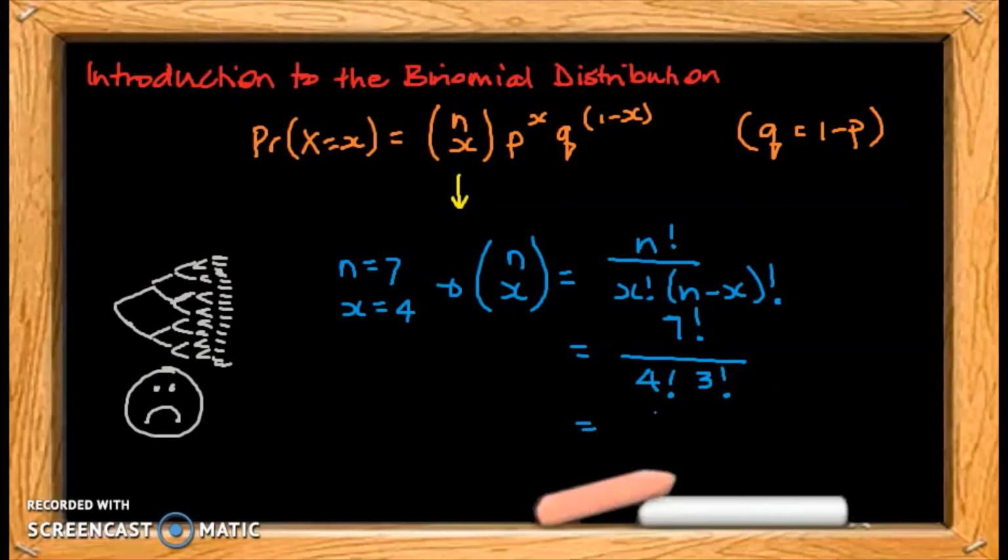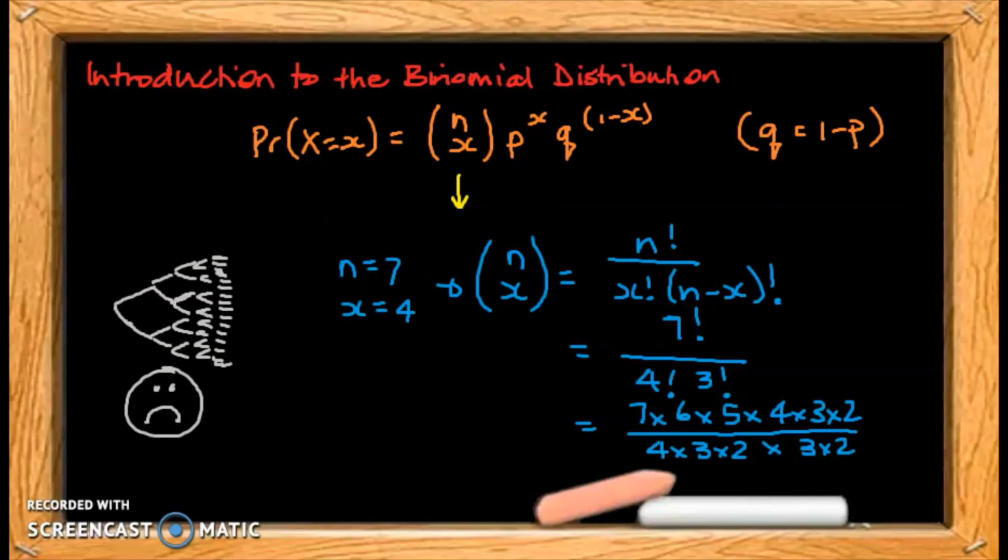Now let's write that out and let's see what we get. The numerator will be 7 times 6 times 5 times 4 times 3 times 2 times 1. And the denominator is going to be 4 times 3 times 2 times 1, and then multiplied by 3 times 2 times 1. Remember, I haven't written the times 1 because they won't make a difference.